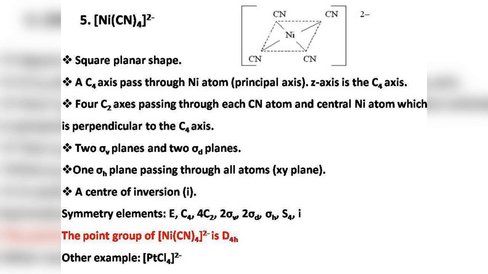One σh plane passing through all atoms, that is in the xy plane. There is a center of inversion i. The symmetry elements are E, C4, 4C2, 2σv, 2σd, σh, S4, i. The point group of [Ni(CN)4]2- is D4h. Other example is [PtCl4]2-.